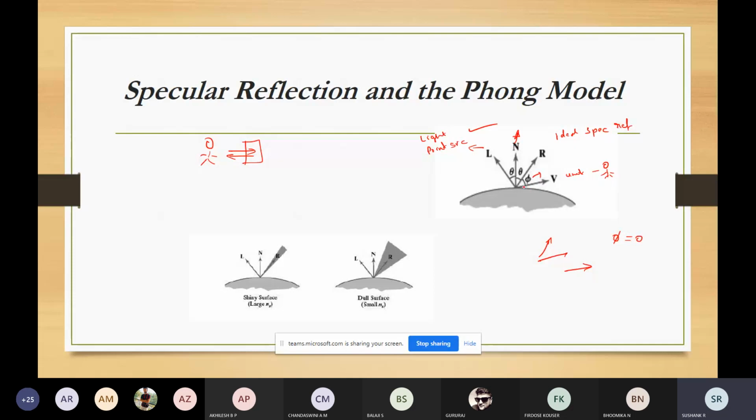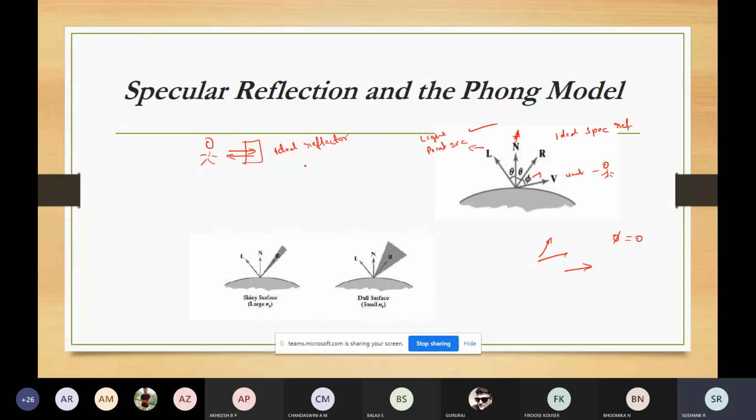So a mirror you can call an ideal reflector. Mirror is an example of an ideal reflector. Other than these ideal reflectors, other surfaces will also exhibit this specular reflection.